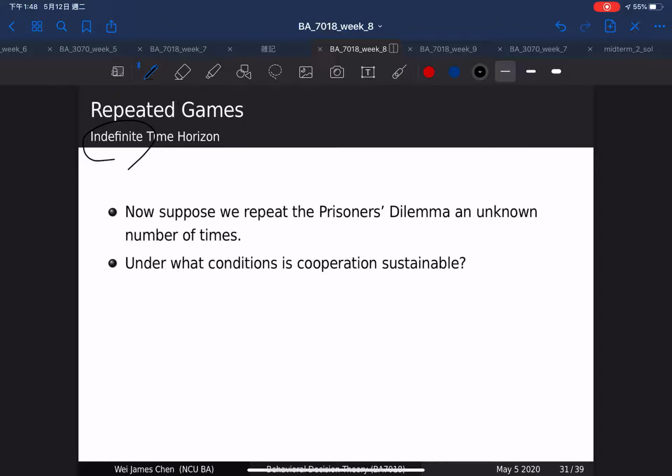One way to do this is to consider that we play this game infinitely many rounds, and we discount the payoff. Suppose I'm getting payoff pi 1 in the current period, t1 or now, and pi 2 at t2, pi 3 at t3, up to t infinity.